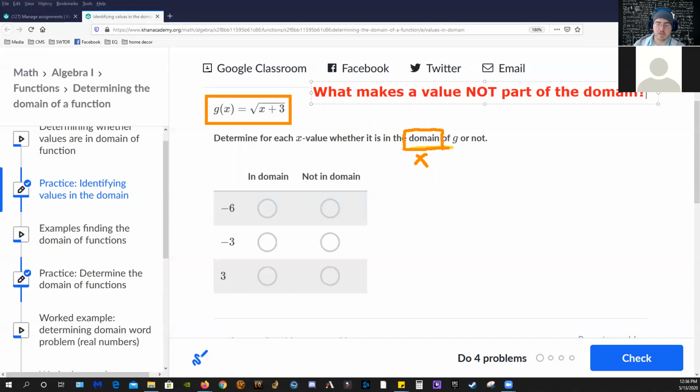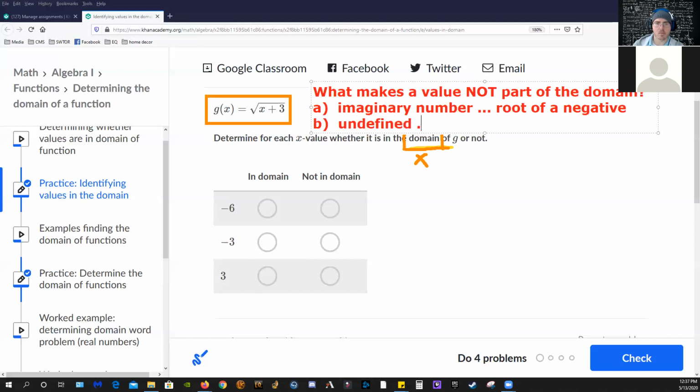That's really what we're asking ourselves here. First way, it won't be part of our domain if it's going to be an imaginary number. That's the root of a negative. And B, the other way, it would not be part of our domain if it was undefined. So these are the two things we're going to be on the lookout for.